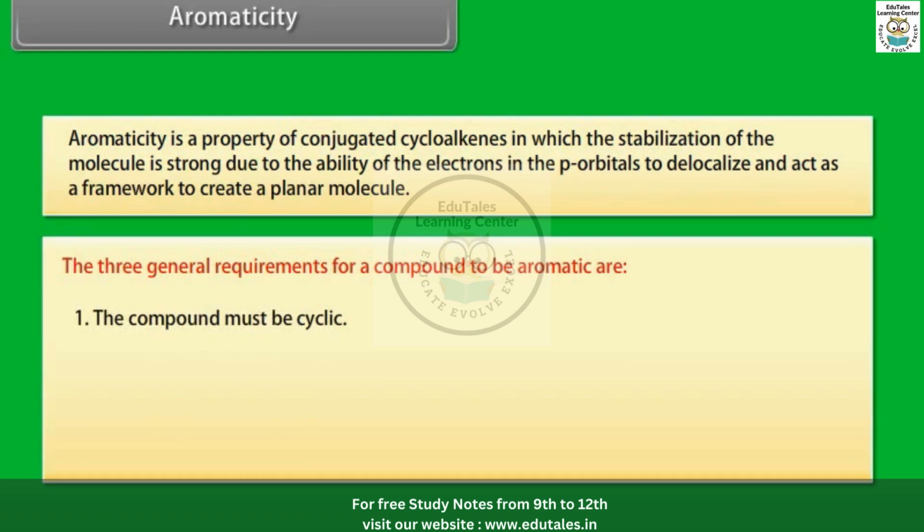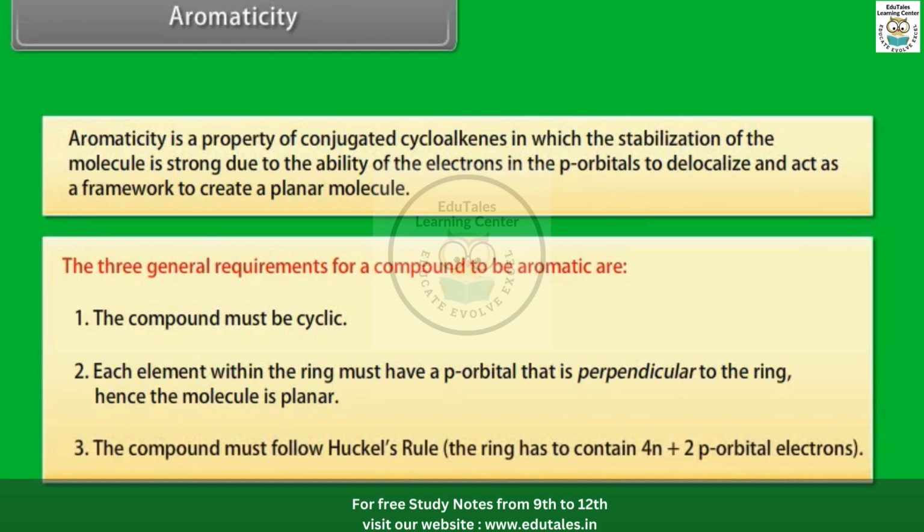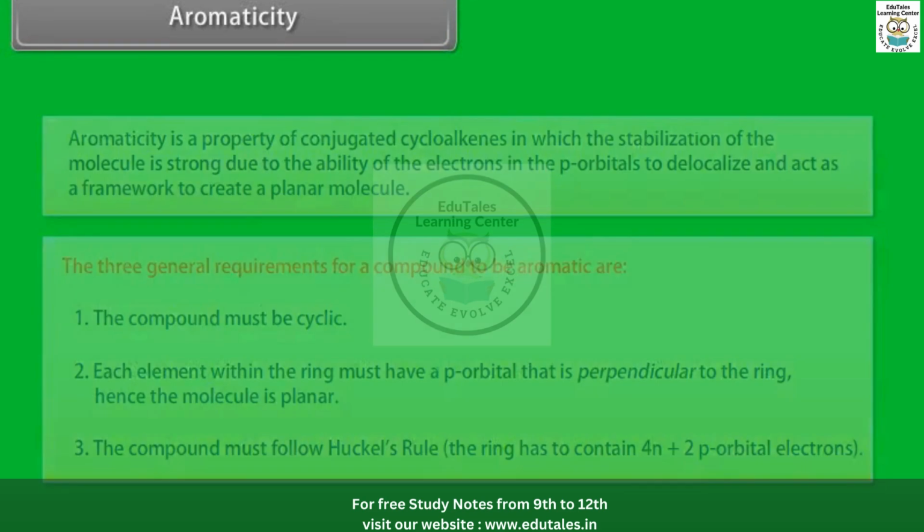The compound must be cyclic. 2. Each element within the ring must have a p orbital that is perpendicular to the ring, hence the molecule is planar. 3. The compound must follow Hückel's rule. The ring has to contain 4n + 2 p orbital electrons.